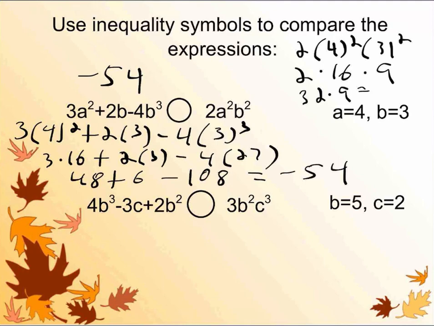Let's double check: 32 times 9 equals 288. So therefore we fill it in with less than: 3a squared plus 2b minus 4b cubed is less than 2a squared times b squared when a is equal to 4 and b is equal to 3.